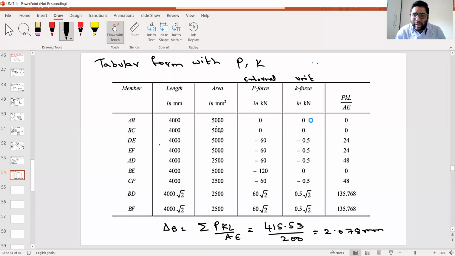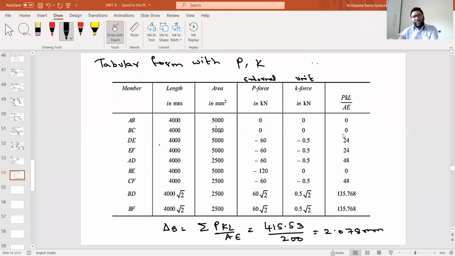P into K, PK into L, PKL by AE: directly put it into the table and solve it. So this is how we calculate the deflection of a truss for an airport hangar, a bridge superstructure, or an industrial shed with a truss shape, using the unit load method.